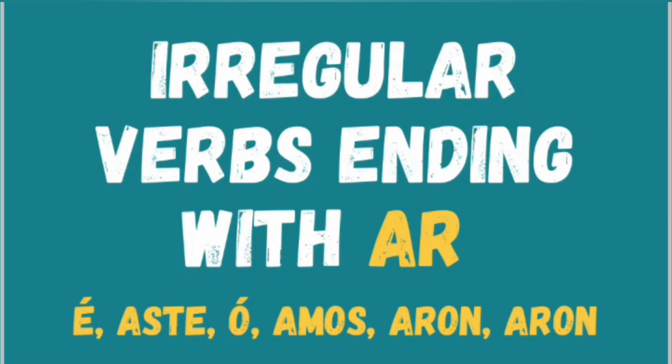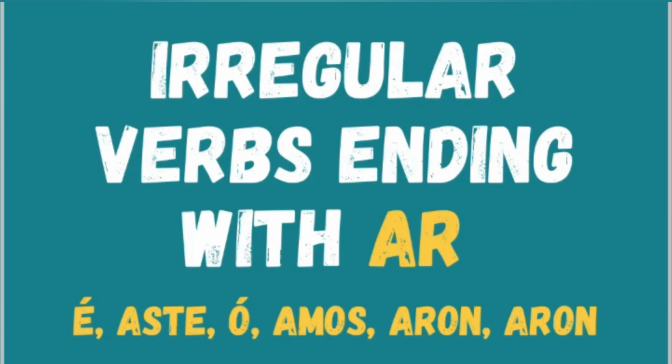So in these irregular verbs, if we're talking about the personal pronoun I, yo, our verb is going to end again with letter E with an accent, okay? If we're talking about the personal pronoun you, which means tú, the ending of our verb would be aste, okay?